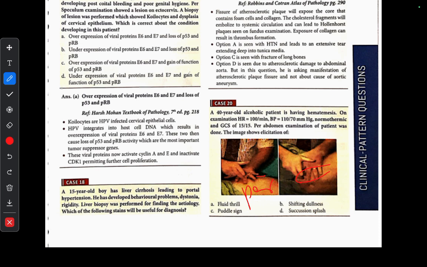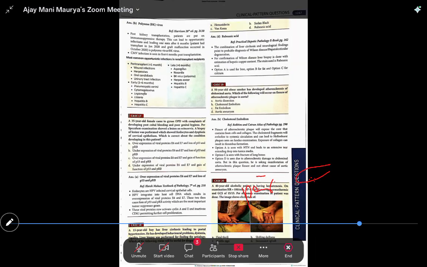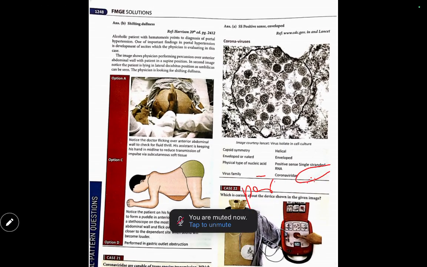Then if there is ascites here. Okay, na? So this is called your shifting dullness. Your shifting dullness. Okay, na? It is your shifting dullness.